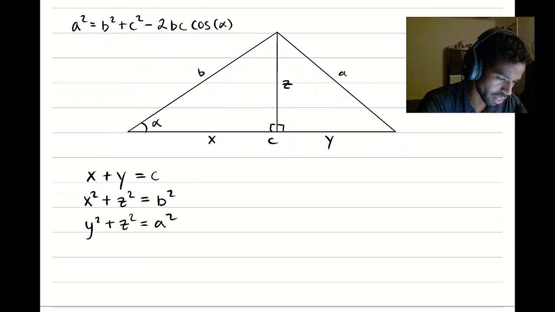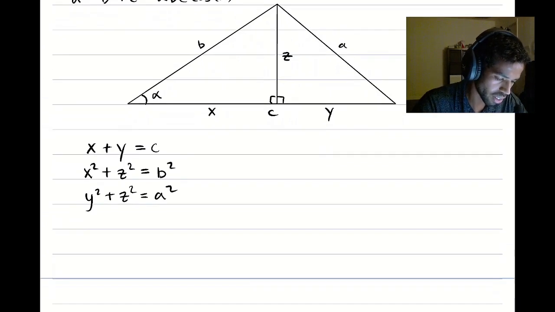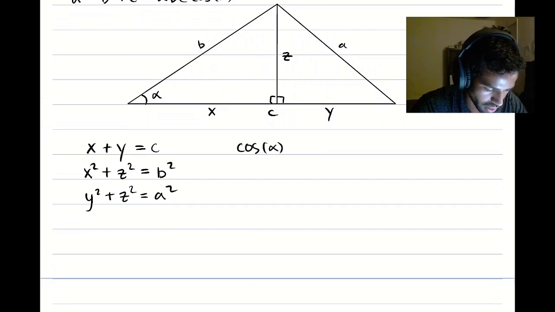And we need to include the angle in one of our formulas. So the cosine of alpha is equal to adjacent over hypotenuse. So I'll write that here. Cosine of alpha is equal to adjacent over hypotenuse b.